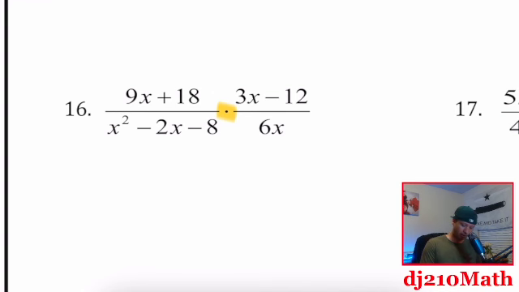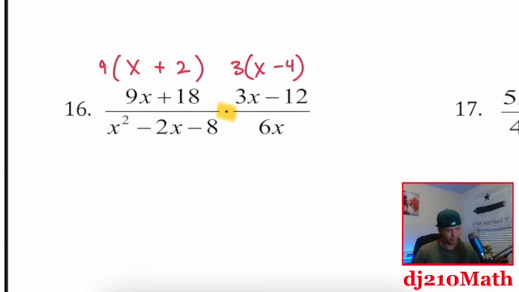If I take out a 9, we're left with x plus 2: 9 times 1, then 9 times 2. On the right, take out a 3, we're left with x minus 4. Right, GCF.